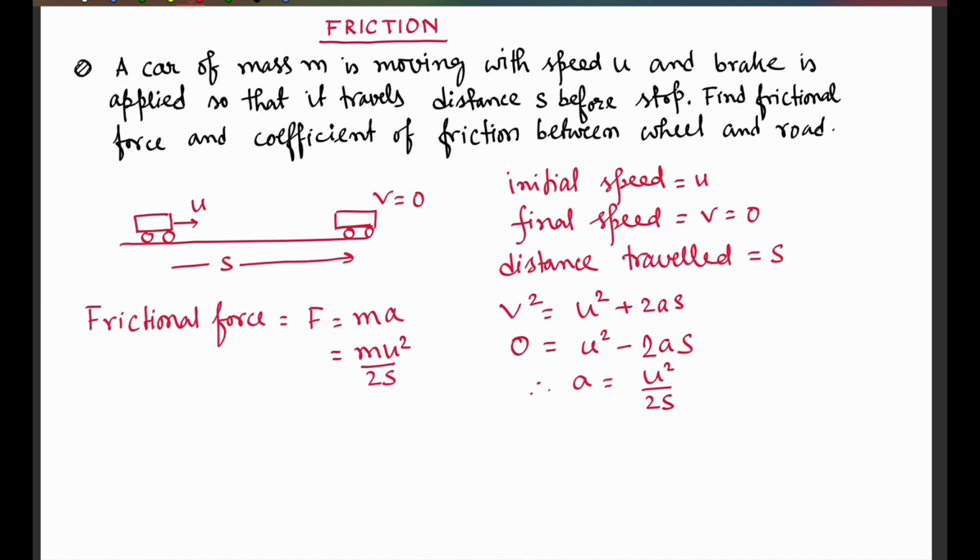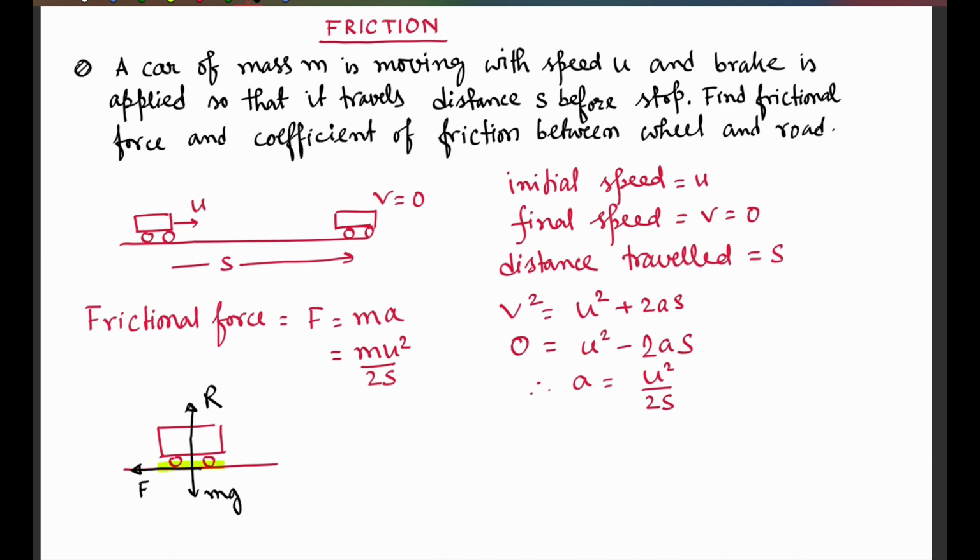Next we have to calculate the coefficient of friction. As the car is moving forward and frictional force is acting between the wheel and the road, then total friction is F, mg is the weight of the car and R is the reaction force.